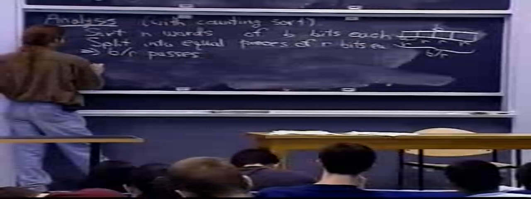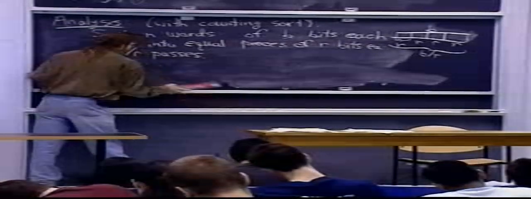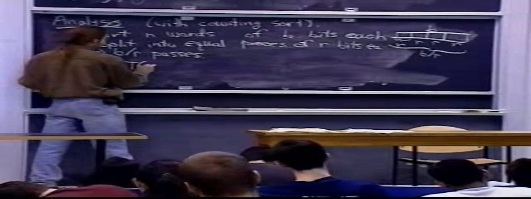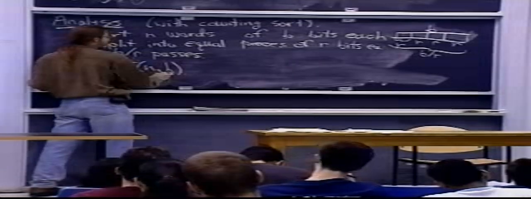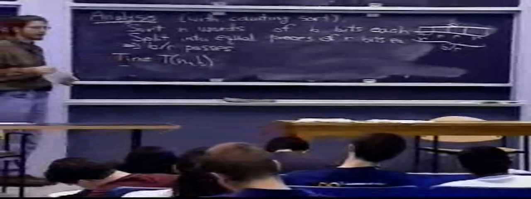So the running time, let me give the arguments here. This is depending both on n and b, and in fact on r. But we can choose r however we like, so we'll choose it to minimize the running time. So what's the running time here?